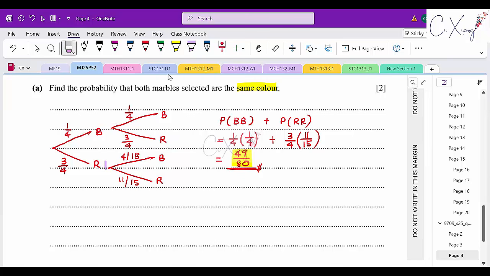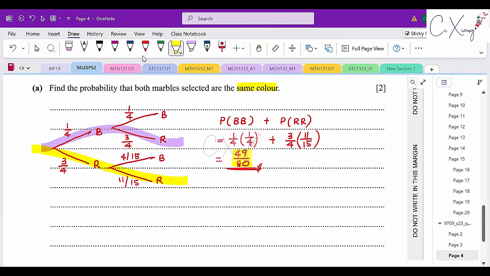You need to know that when you are using any figure from the tree diagram, it must always start from the beginning. If I want the second red probability, this is the first case that I have. You have to always start from the beginning part, from the first marble. Then there's the second case where the second marble is red, which is this one. So there are two cases here to form a second red marble, and both start from the beginning.